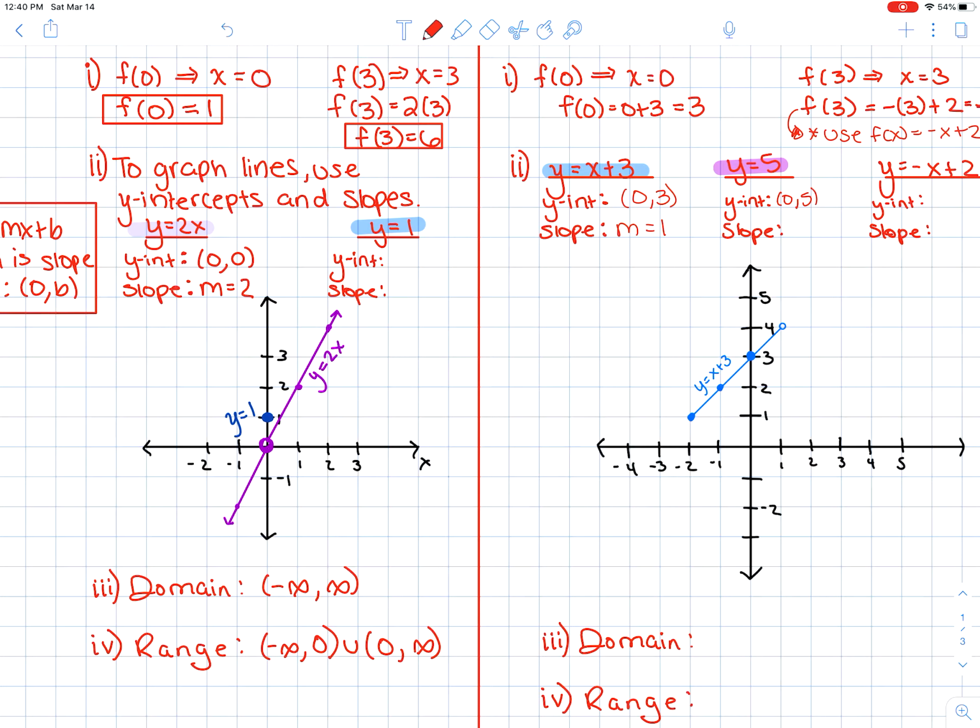Notice we don't have the mx part. Therefore, our slope is 0. Now, we really don't have to find the y-intercept and slope for y equals 5 because at this point, you should know that it's a horizontal line. So y equals 5 looks just like this.